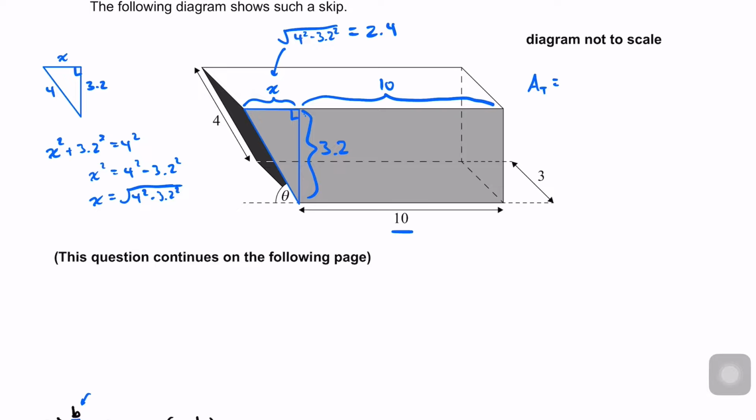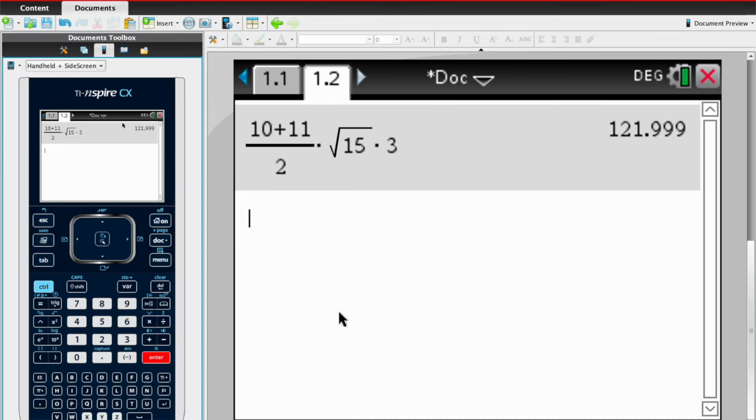So bottom plus top, 10 plus 2.4, divided by 2, multiplied by height of 3.2, and then multiplied by extension of 3. All right, let's work that out. I'll work it out on the calculator right here.